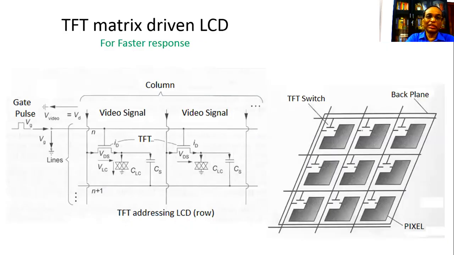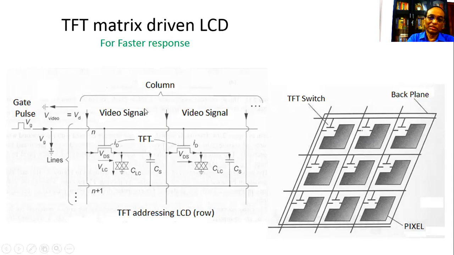This is the TFT matrix driven LCD panel. The electronic circuitry schematic is shown here. The thin film transistor is here. The gate pulse is given on the illumination, and the video signal is given.